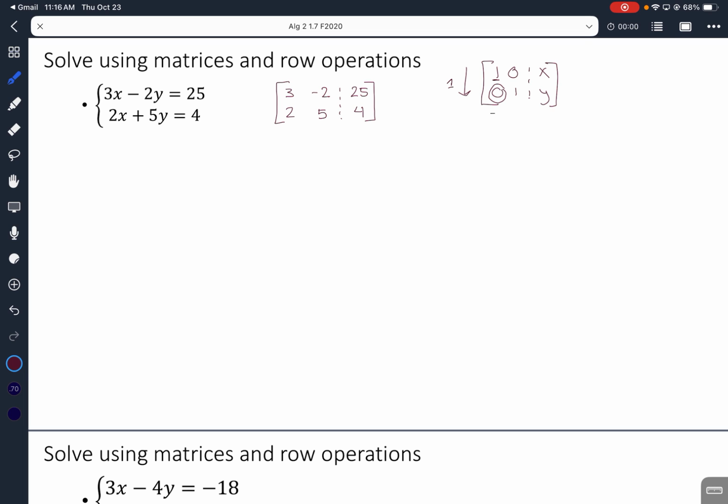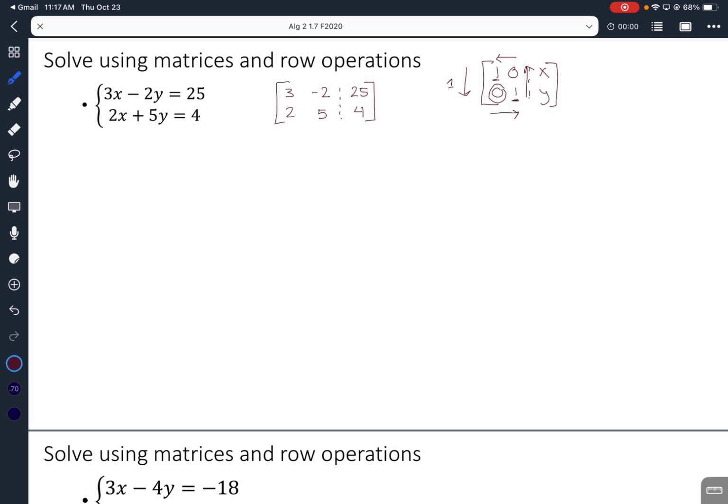Then my step 2, I move over and I work on this one, trying to get it to be a 1, if I can. If I can't, without getting a fraction, I move on. And then I go up, and then I go back. So I go in this big circle, and I'll keep modeling it for you. It's kind of hard to see when we're only doing 2 by 2 matrices. You'll really get to see it when we do 3, but it's a thing.